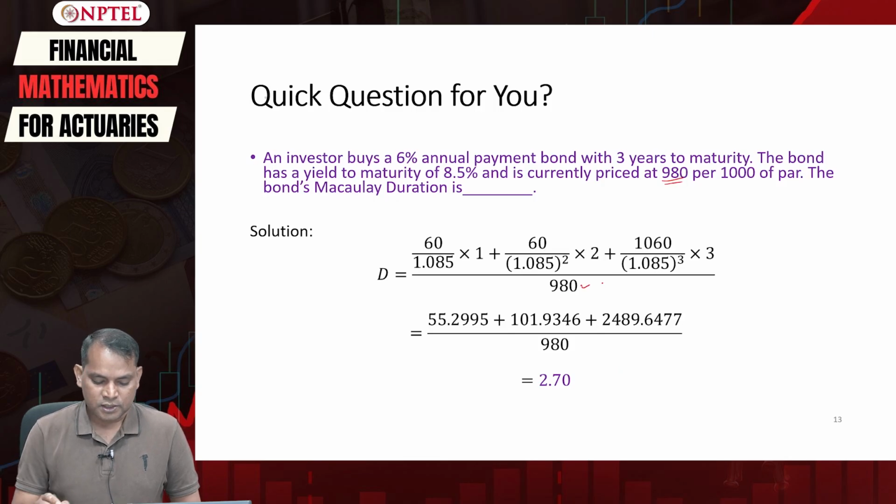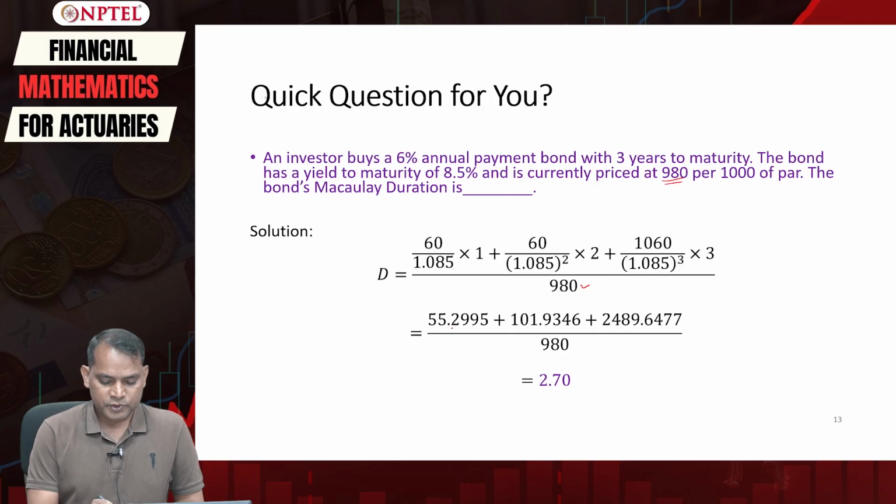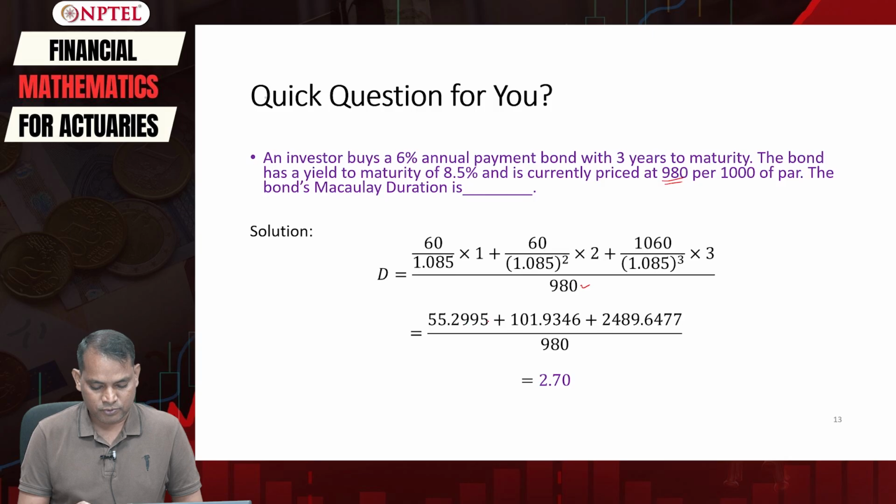So that is here, and therefore we will have 55.2995, rounded up to 4 decimal points, plus 101.9346 plus 2489.6477, divided by 980, which you will get 2.70. Okay, so if you have got this value, then you have understood the Macaulay duration computation, right?